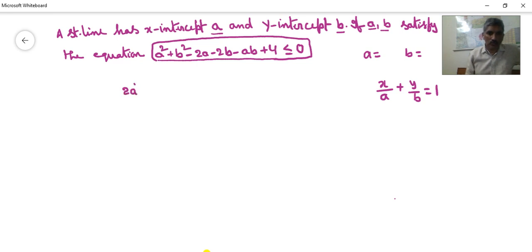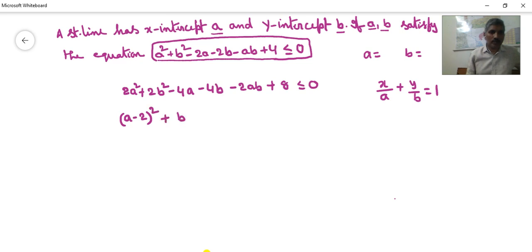The inequality is given as 2 times a square plus 2 times b square minus 4a minus 4b minus 2 times ab plus 8 less than or equal to 0. Now observe what I am doing. This can be written as a minus 2 whole square plus b minus 2 whole square plus a minus b whole square less than or equal to 0.